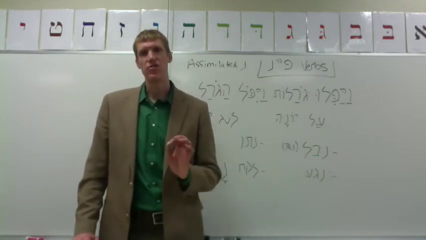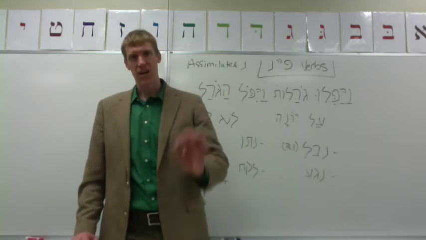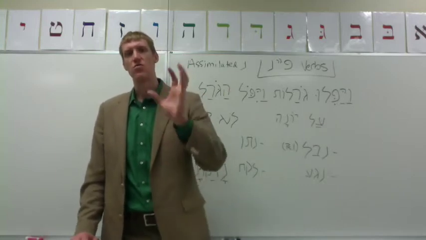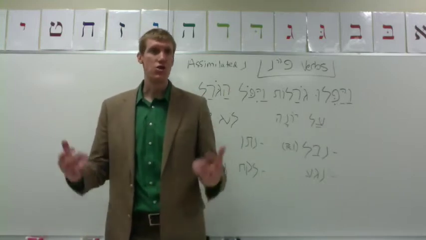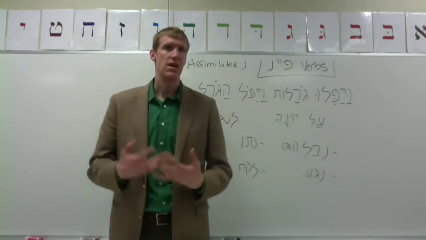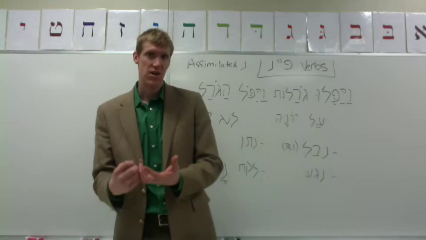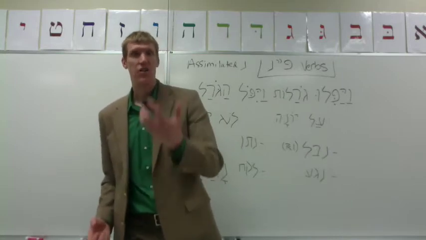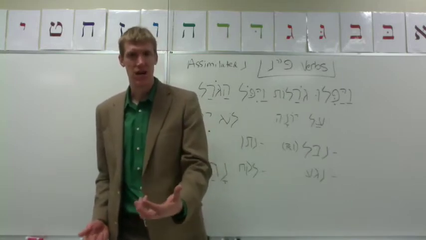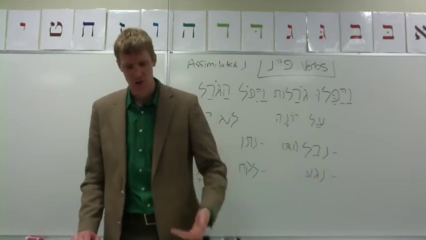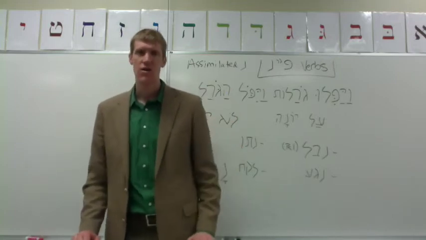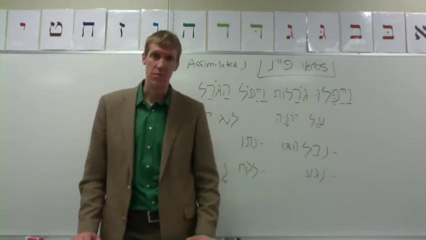But the imperative is formed by taking the second person imperfect and removing the prefix. So the nun has already assimilated in the second person imperfect form because of the addition of the prefix. And so when you take that prefix off, the nun remains assimilated. And so you have gash or ten or kach for your imperative forms.